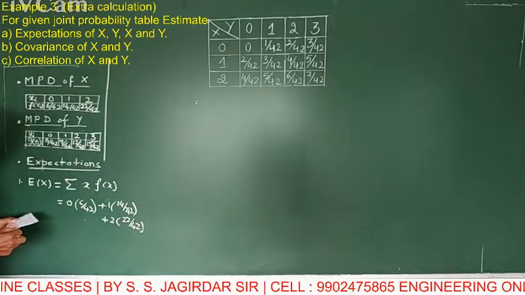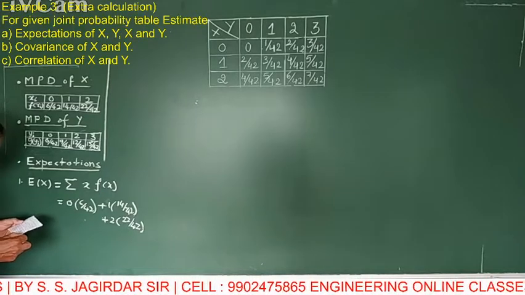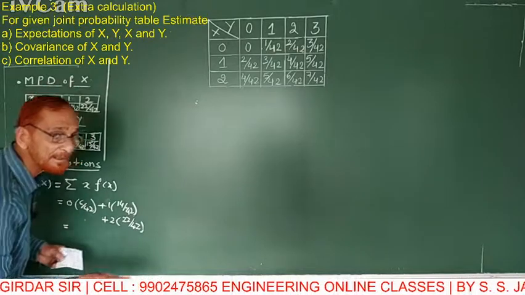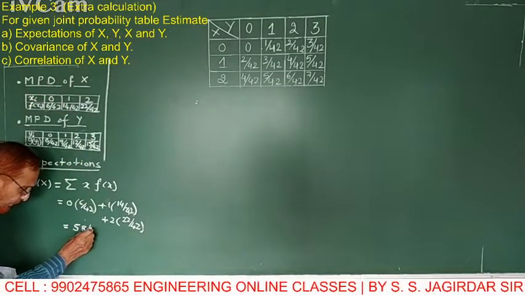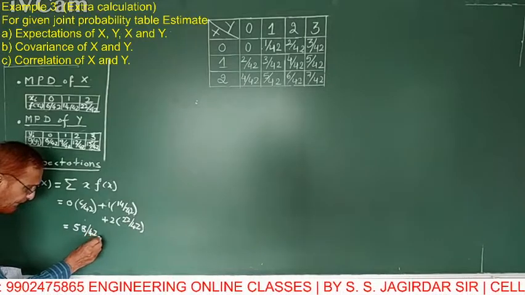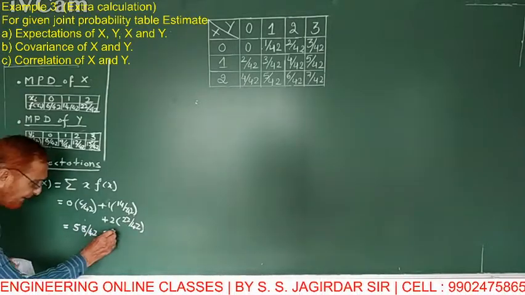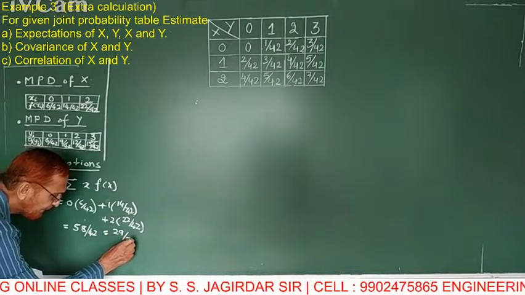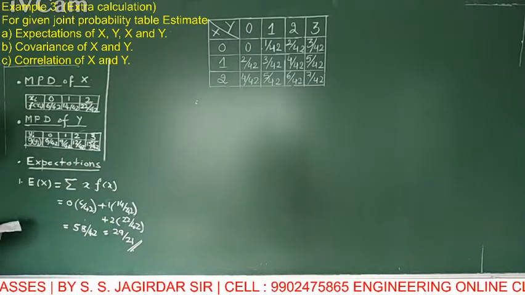So now when you work out, you will get the result as 58 by 42, which is equal to 29 upon 21. So okay, this is the expectation of x.